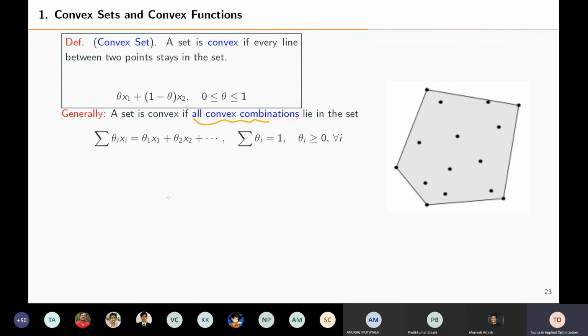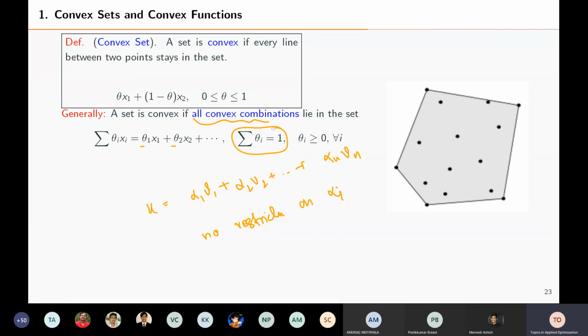In a linear combination, if you recall, we write the vector u as alpha 1 v1 plus ... plus alpha n vn. This is called a linear combination because there are no restrictions on alpha i. But in a convex combination, the sum of these scalars must add up to 1.